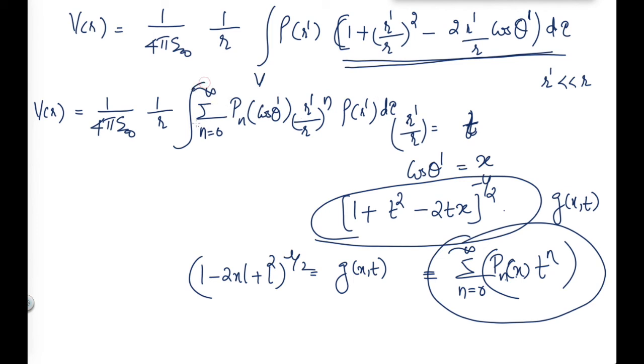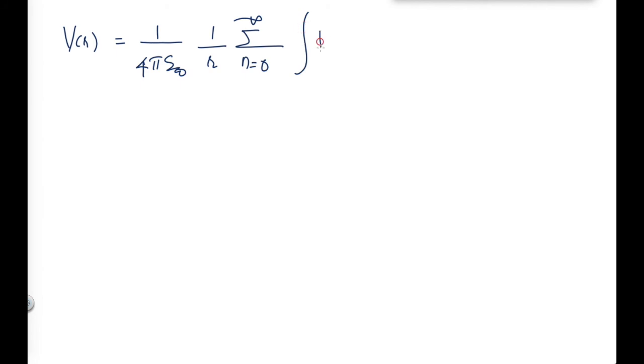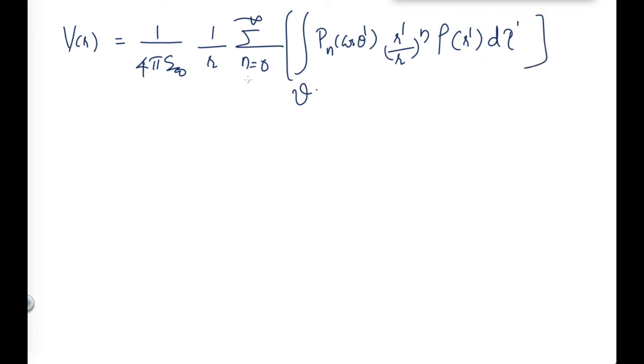So you have the integral over different terms. Conversely, you can write V of r equal to 1 by 4 pi epsilon 0, with 1 by r common, then the sum over n equals 0 to infinity of the integral of Pn cos theta dash, r dash by r whole raised to n, rho of r dash d tau.